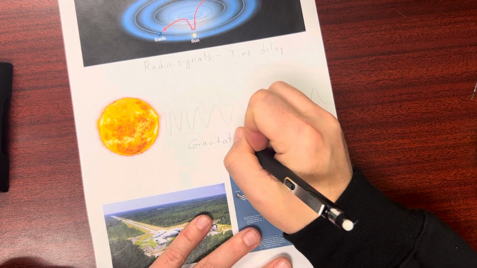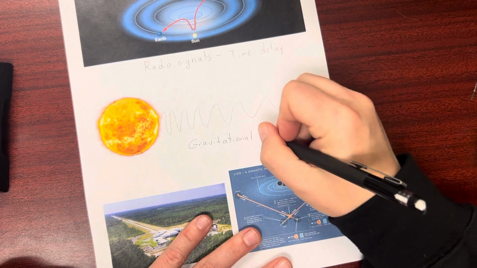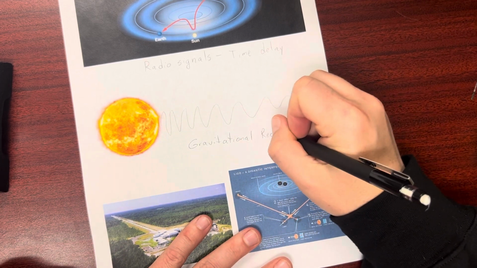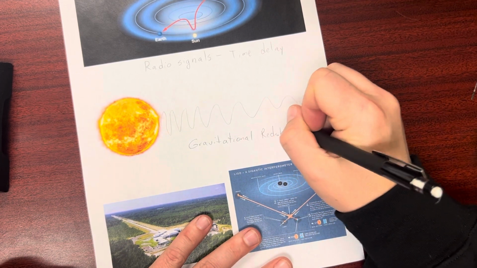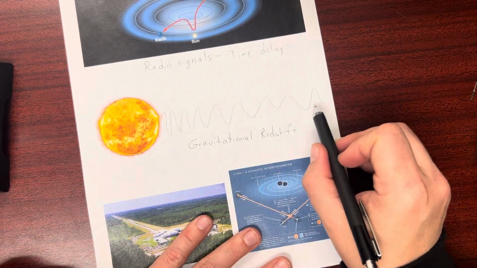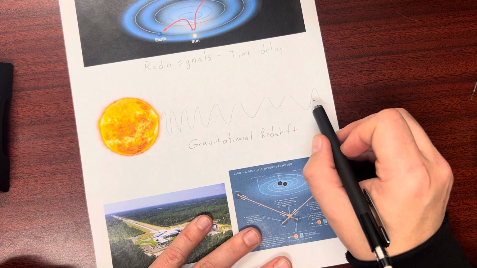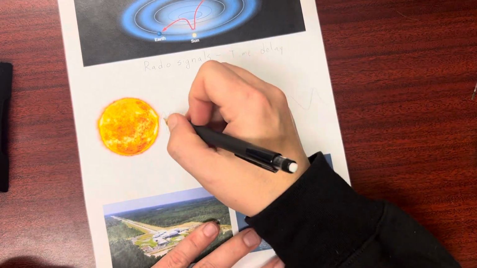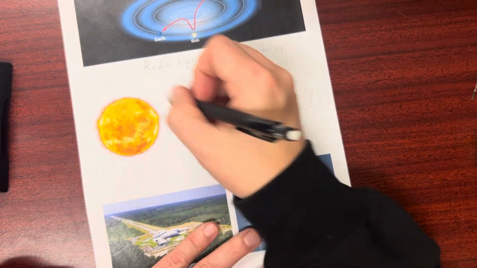And what that means is this light that we're observing is more red than it should be. And again, it's because of the curved spacetime close to the sun here.